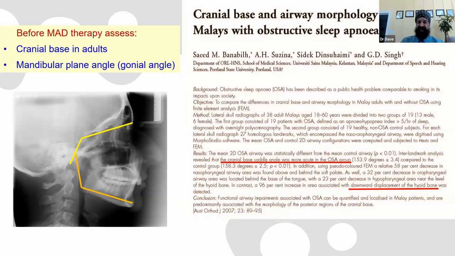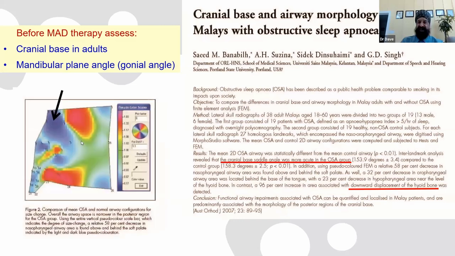When you look at the study here, you have a short cranial base morphology, and the impact of that short cranial base is the nasopharynx is smaller in volume. You increase the resistance to airflow. And the compensation for that is to displace the hyoid bone downwards and try to get adequate airflow through the nose, through the nasopharynx, at the back of the nose.